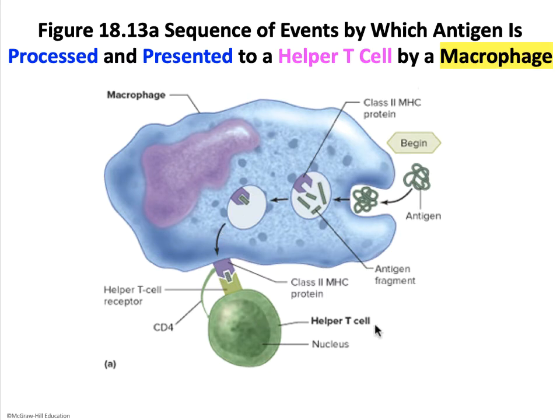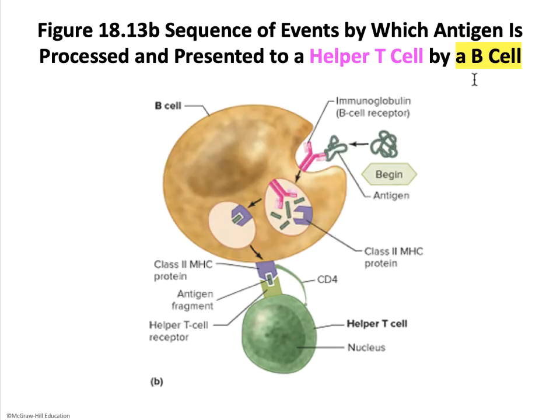If a helper T cell happens to recognize the antigen, then it will bind and then release chemicals that will activate the macrophage. B cells achieve the same result, but they use their cell surface antibody to bind to the antigen and then deliver that to the interior phagosome.